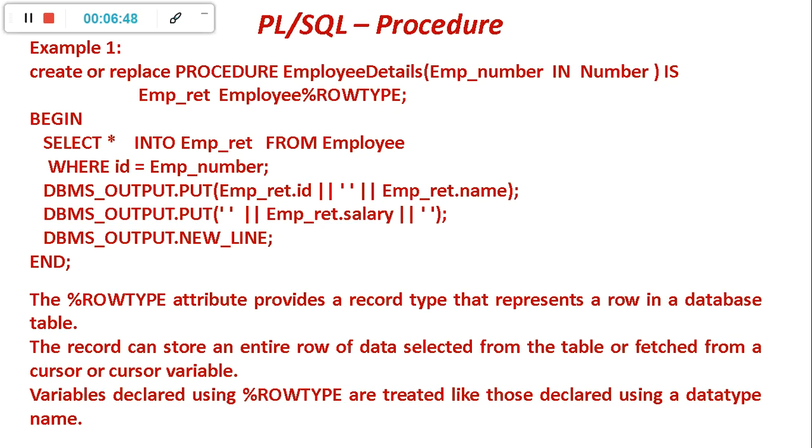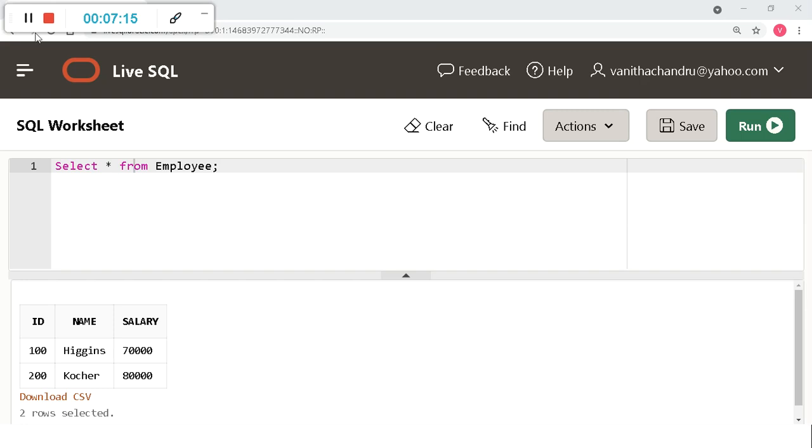So here we use the select statement, and if the number matches, it will check the employee id. If it matches, then it will display the details of the employee, like employee id, employee name and employee salary. So we will execute this particular program and see the output.